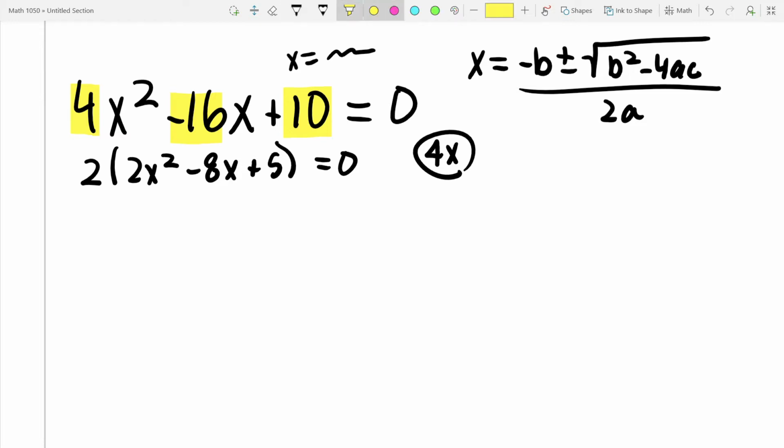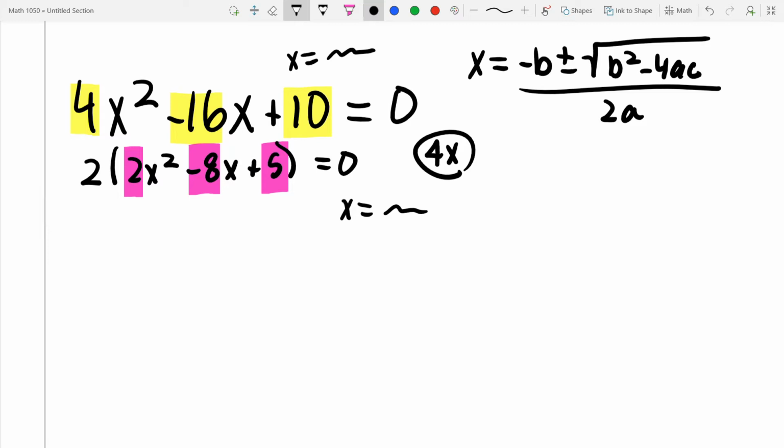Then I do the same thing, but I use a is 2, b is negative 8, c is 5, and I get x equals blah, blah, blah. How do my solutions compare to each other? Identical. They're exactly the same. Okay?